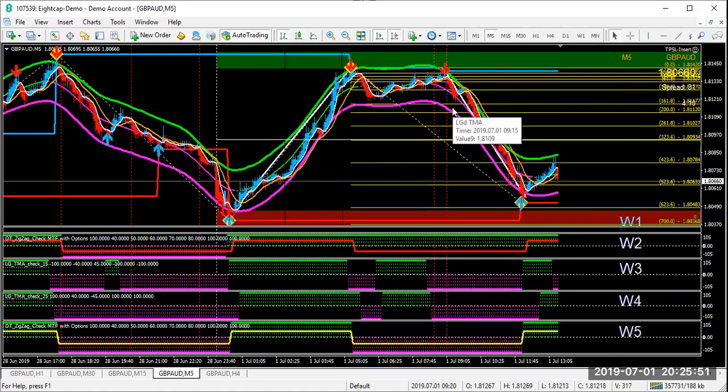Okay, so the H1, M30, M15 all supported jumping diamonds for the M15 and the M5.